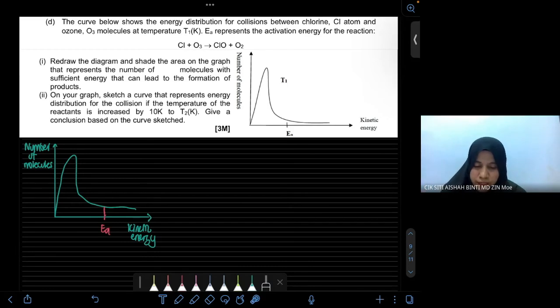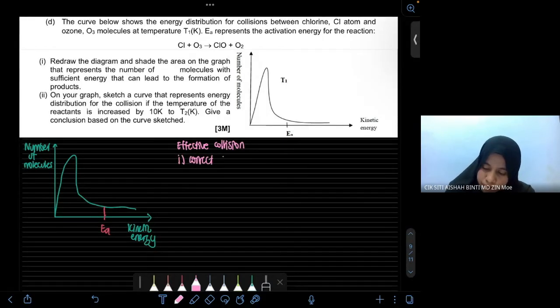So here it mentioned to shade the area on the graph that represents the number of molecules with sufficient energy that can lead to the formation of product. So for the formation of product, it means they must undergo effective collision. The requirements for effective collision: one is with correct orientation.